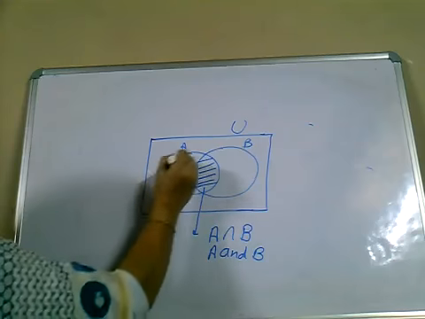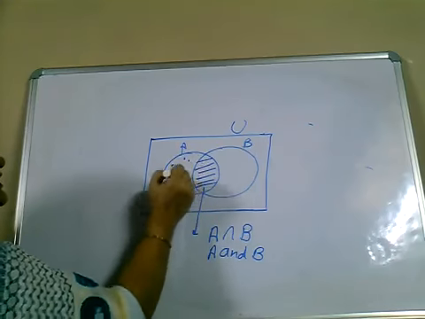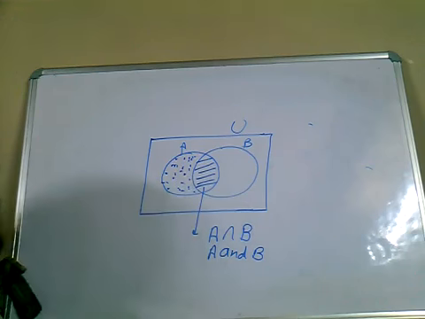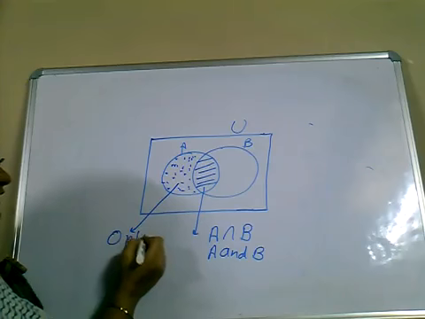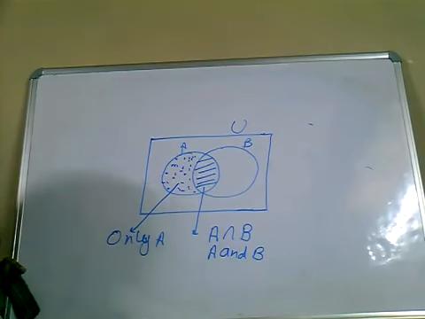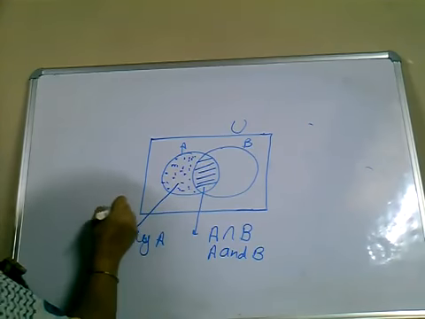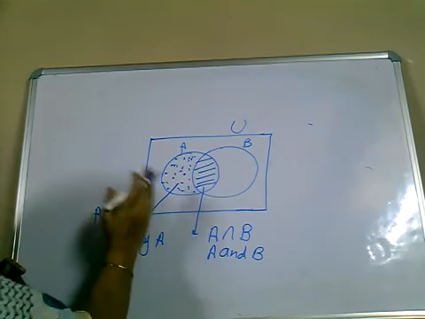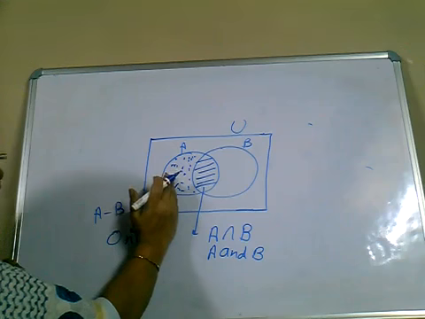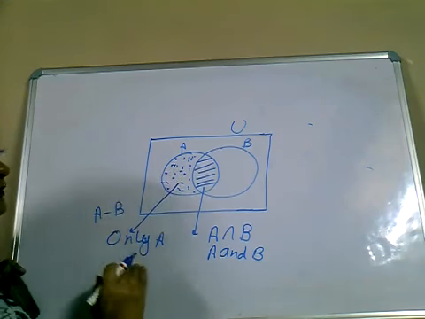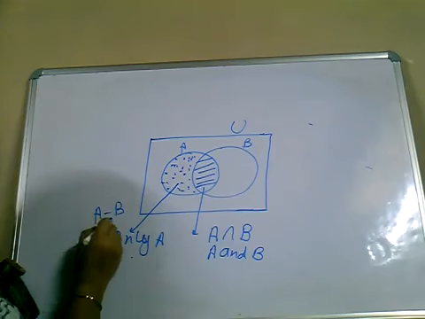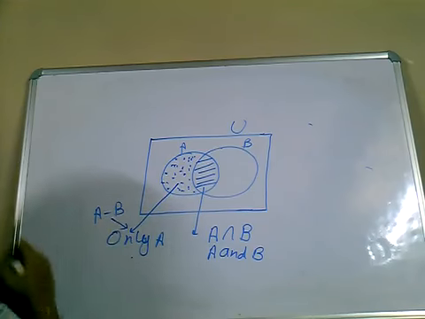Now, this portion means only A. Only A means this portion means only A, or we can say A minus B. In A minus B, we have to write the elements of A but which are not present in B. So only A or A minus B are the same thing.